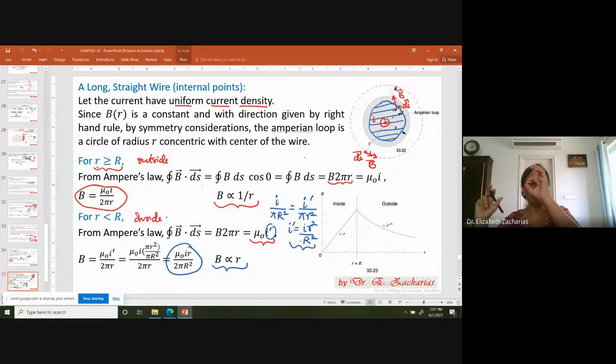After that, when you move away, the magnetic field falls. That's demonstrated in this particular graph. B is proportional to r till you reach the surface. After that, it falls off as 1 by r. Okay, so you can see that whatever you did in the last class using calculus has become simple here using Ampere's law.